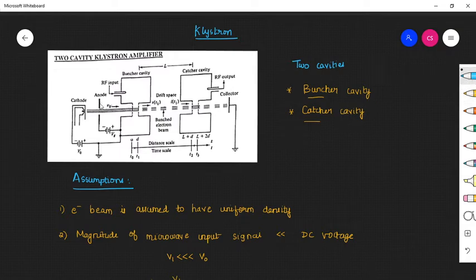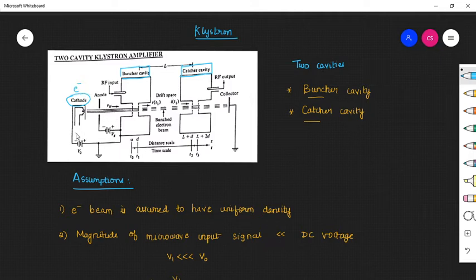Observing this diagram, we can see that it contains two cavities, the buncher cavity and the catcher cavity, and that is why it is called the two-cavity klystron amplifier. There is a cathode at the leftmost, which is responsible for emitting an electron beam.